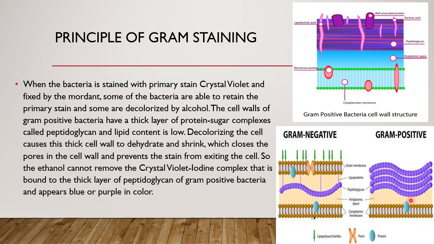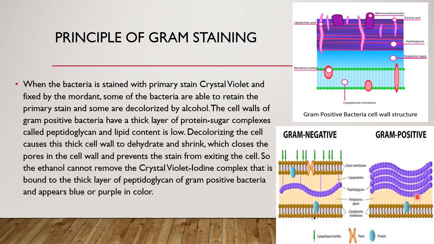Now what happens when we add the decolorizer is, in gram positive bacteria, as you can see here, the peptidoglycan layer is very thick. In gram negative, the peptidoglycan layer is thin. Apart from that, in gram positive, you can also find lipid content is very low. Now when you add the decolorizer to this gram positive bacteria, the decolorizing causes the thick cell wall to dehydrate and shrink.